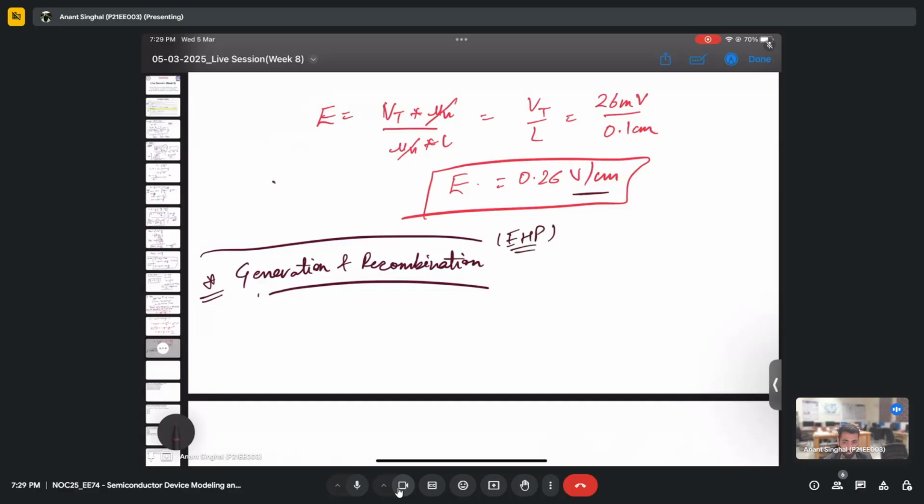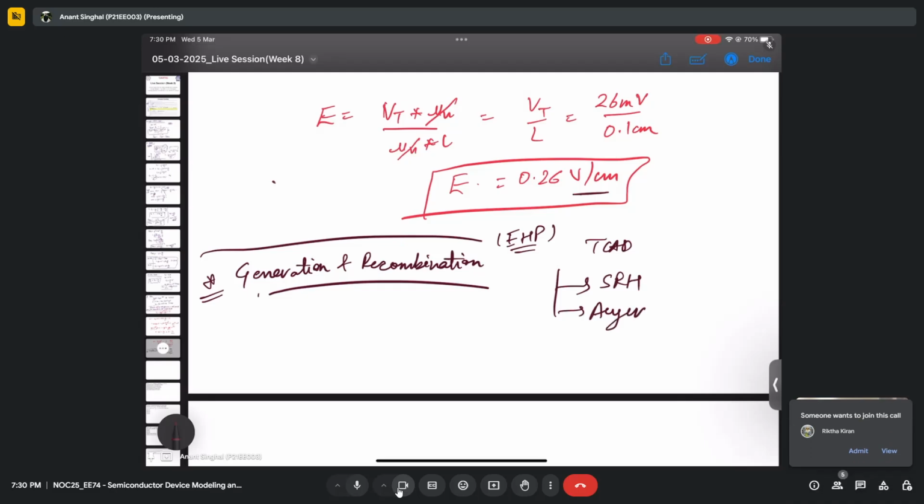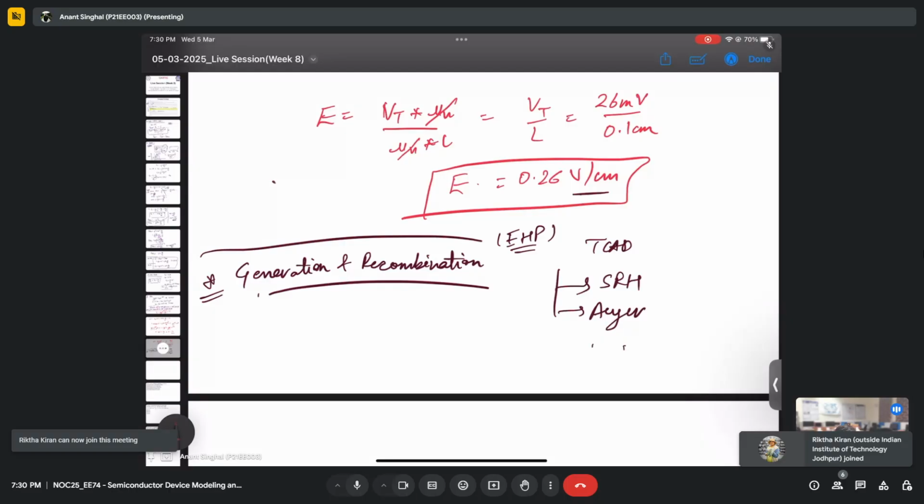When the electron and hole meet, they recombine. It can be done through various ways. We have a lot of models present in a simulation tool, which we call TCAD. You might have heard of SRH recombination, Auger recombination. These are different types of recombination and generation that happen inside TCAD.